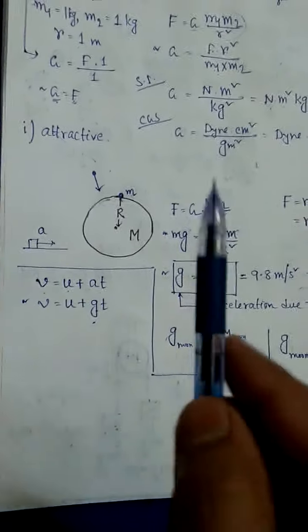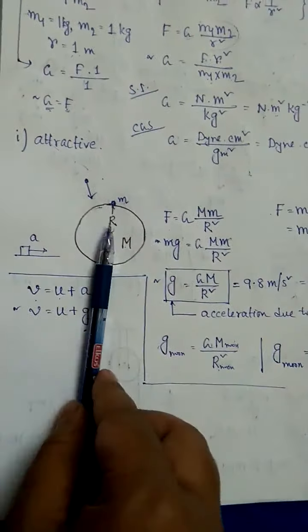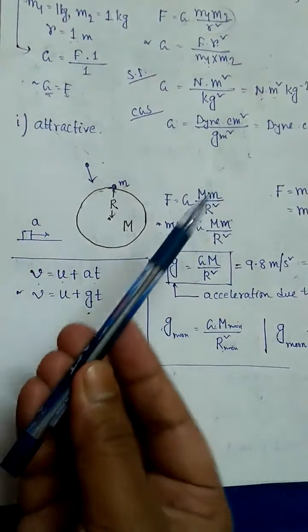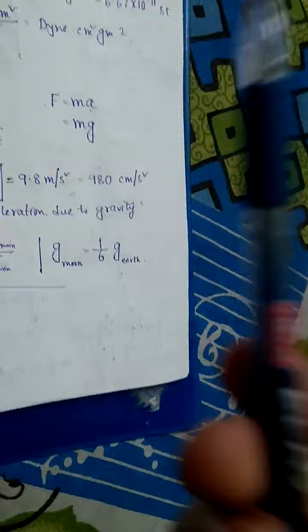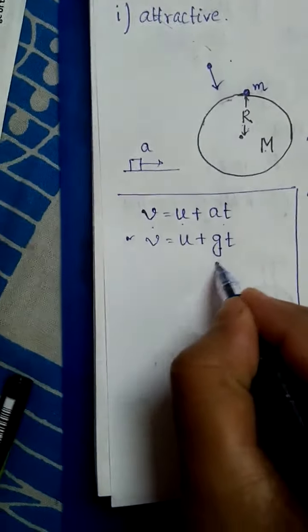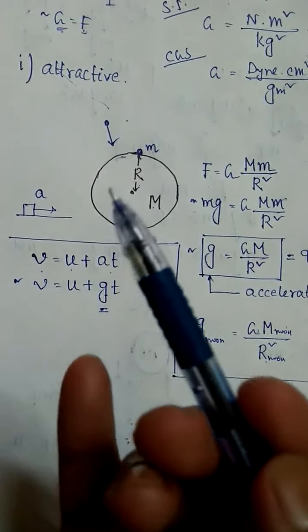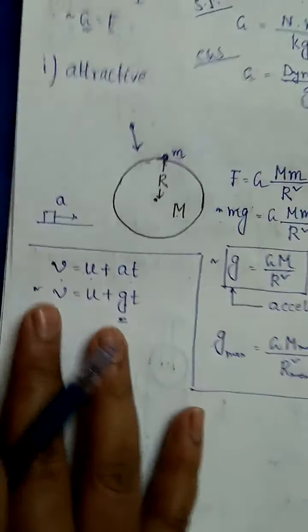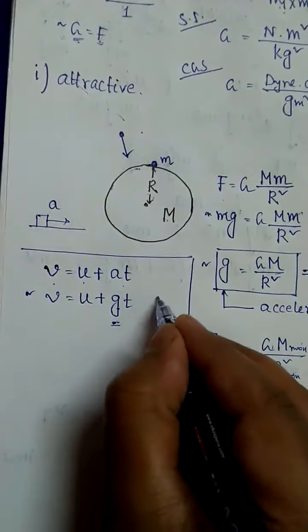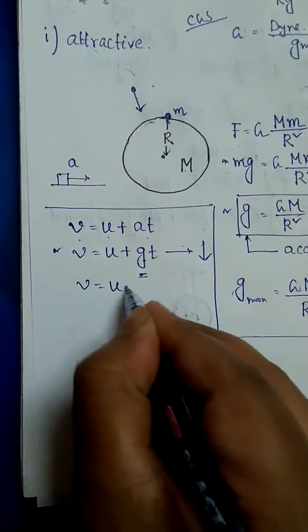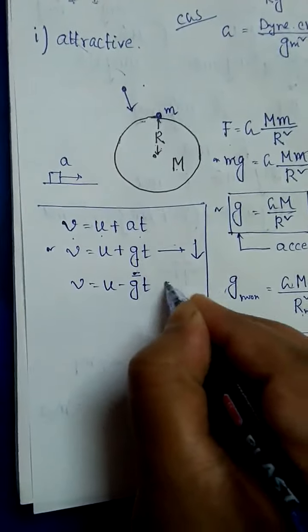When it is coming downward, its velocity will increase. But when I throw it upward, what will happen? Instead of acceleration, retardation works, because when you throw an object upward, its velocity decreases. That means this equation is for downward motion, and when I write v equal to u minus gt, that is upward motion.